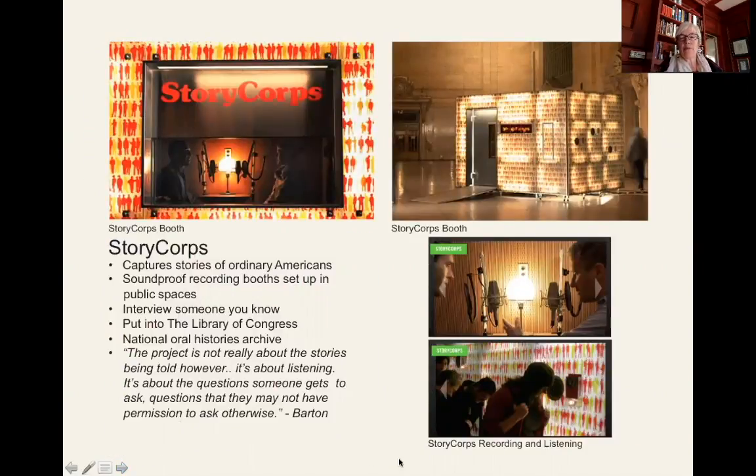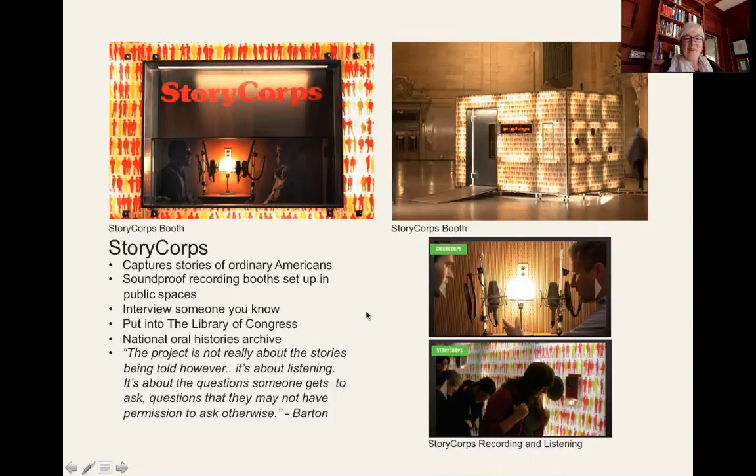StoryCorps is, without a doubt, one of the biggest, and the one that he is most famous for. Basically, it's a big box. You go inside the box, it's soundproof, and you tell a story.